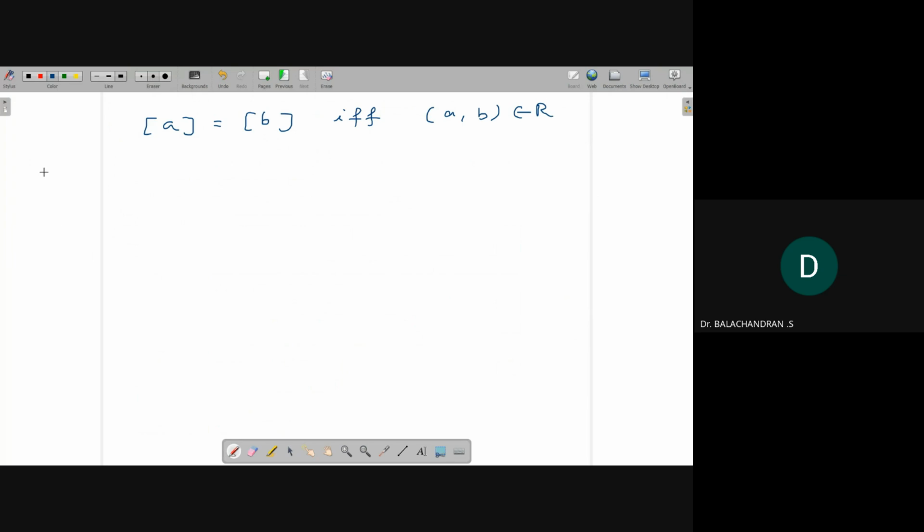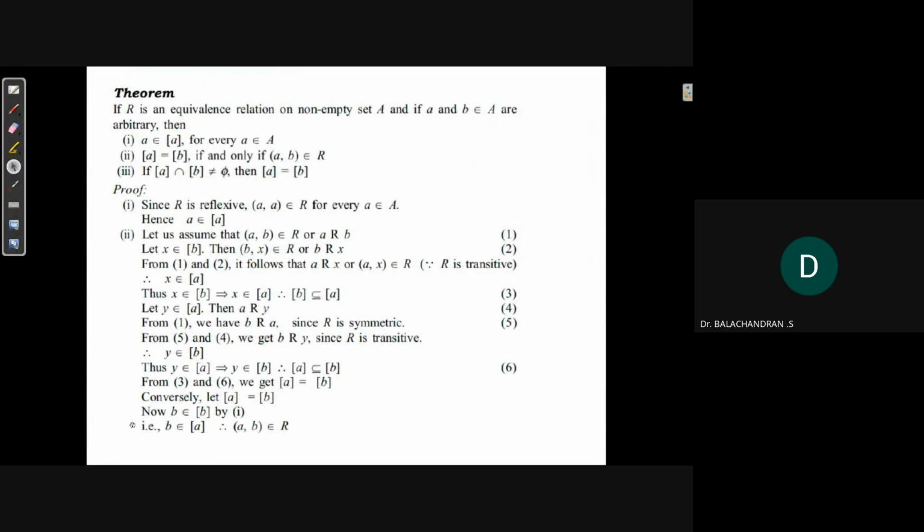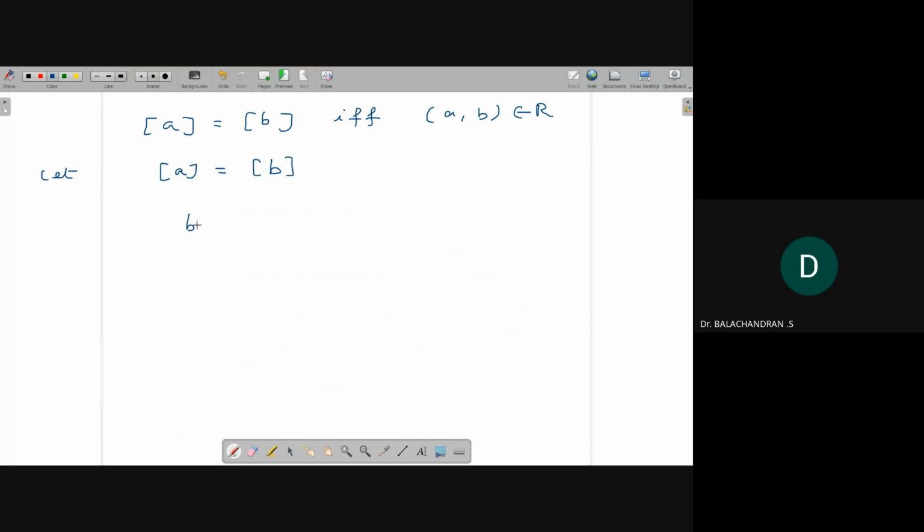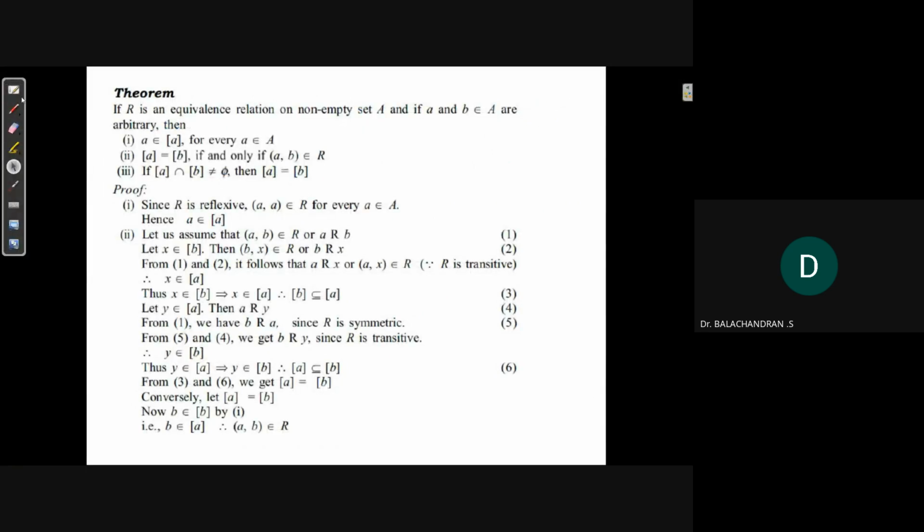Let us take the equivalence class of A equal to the equivalence class of B. That is explained in the last three lines. We know that A belongs to the equivalence class of A. Similarly, B belongs to the equivalence class of B, by subdivision number 1.